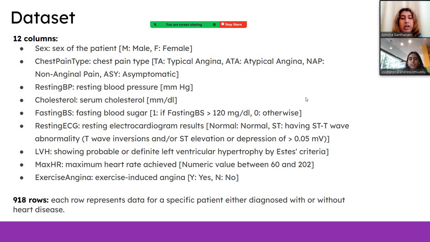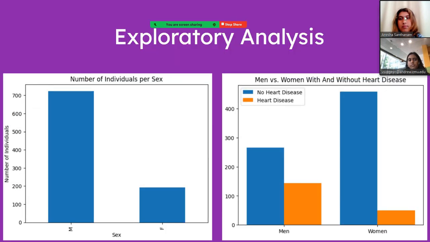Some were yes and no values, some were numerical. Obviously based on these things, we had to evaluate our data set accordingly. The data also has 918 rows, and each row represents data for a specific patient, either diagnosed with or without heart disease. Therefore we were able to run the machine learning model on these 918 patients.